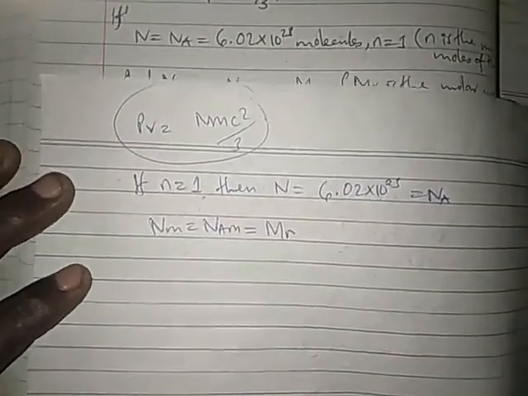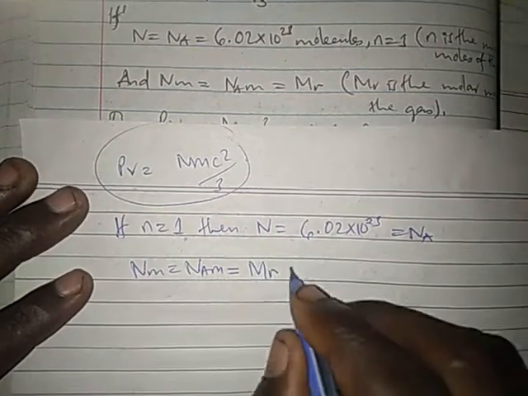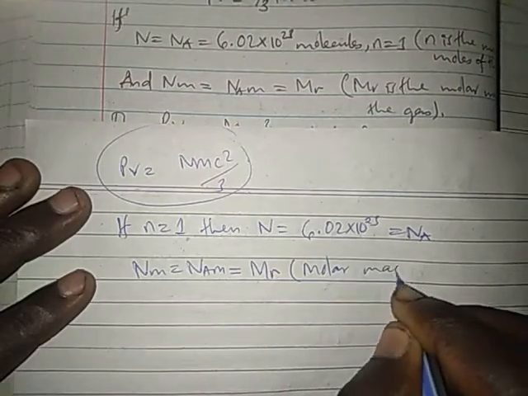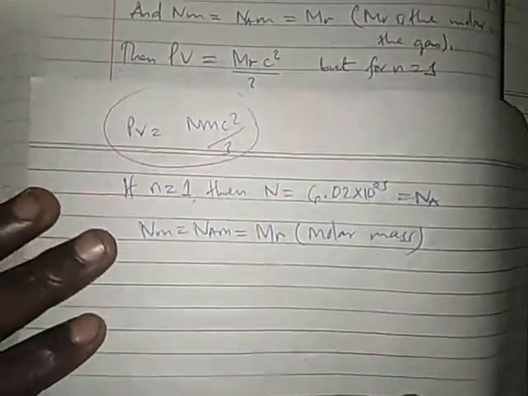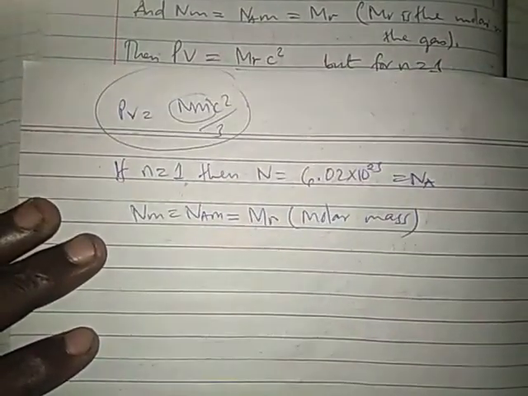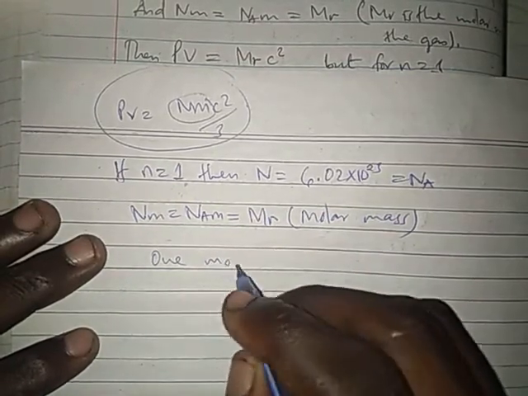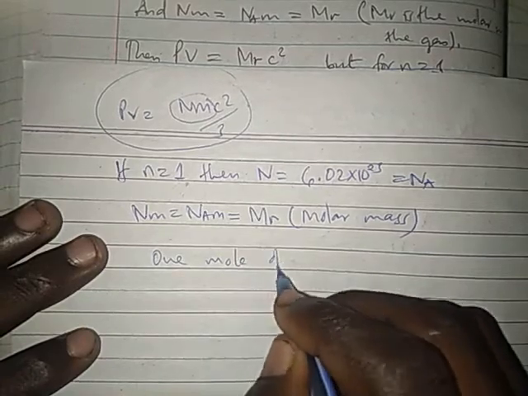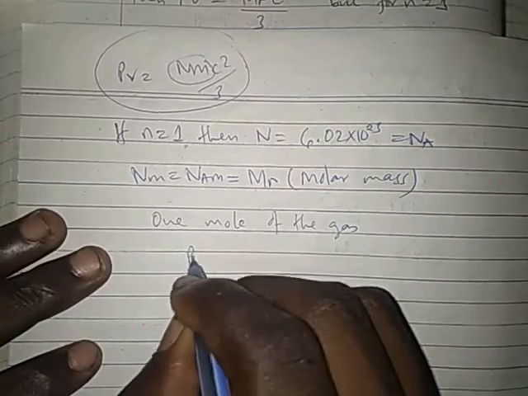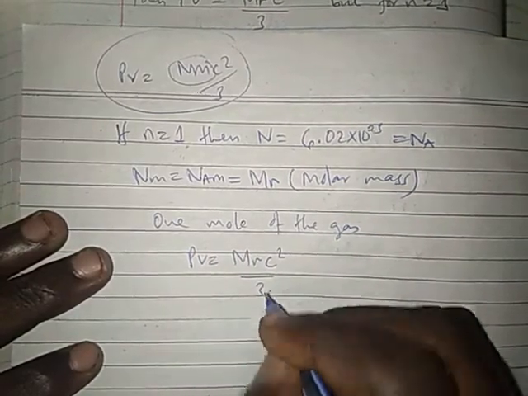So you see here that Na m is the mass of one mole of the gas, that is the molar mass. So what do we say about that speed? Here, for one mole of the gas, PV is equal to Mr c squared divided by 3.